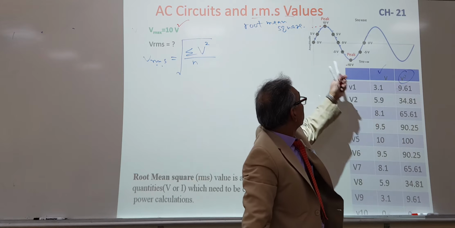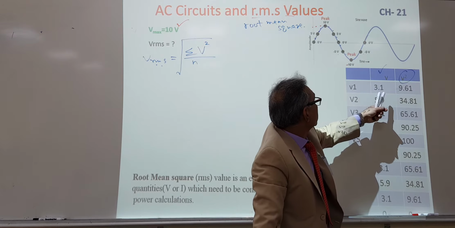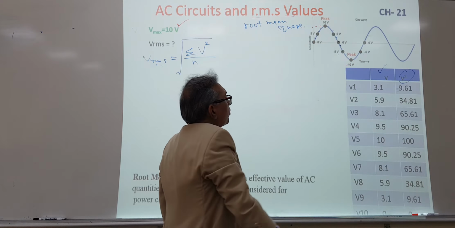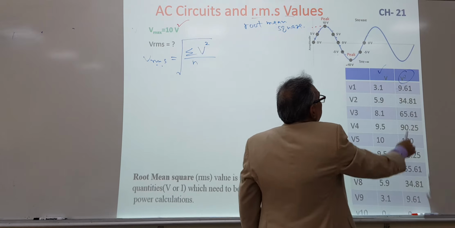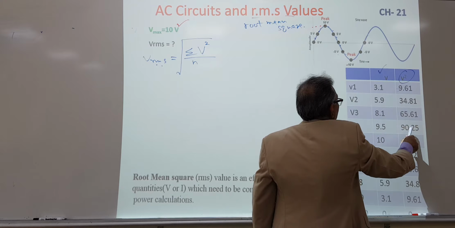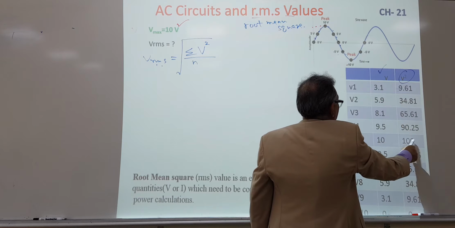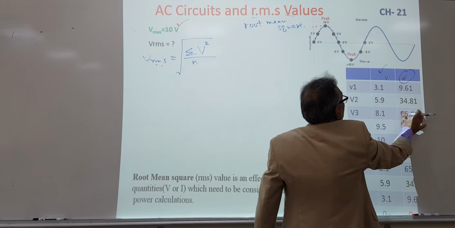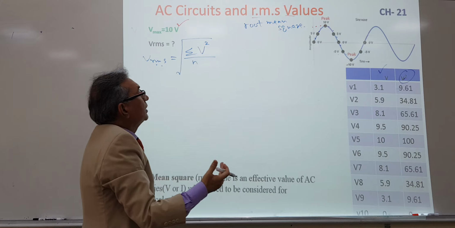We take the voltage, equal sections, divide it. Even you can take some values from the half, right? For example, if I take 1, 2, 3, 4 and 5, square these values and divide by 5, I will get the RMS.